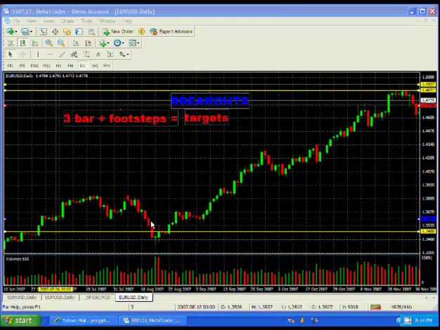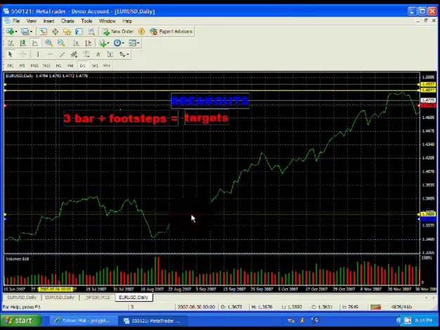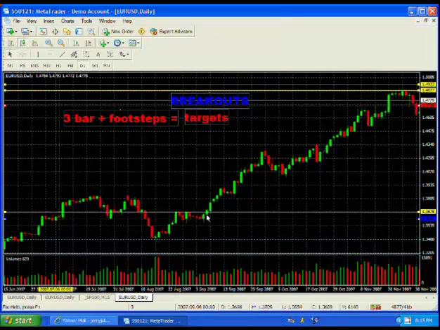So let's take a look at our second breakout point, and the second breakout is going to be here above these highs, which is a double top, and we have a breakout above this double top. And when we look back to our candle, now where is our first green bar? It's here.